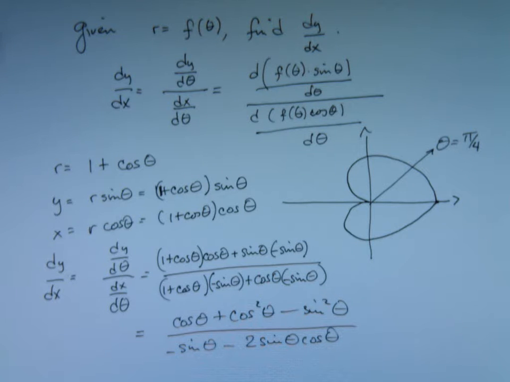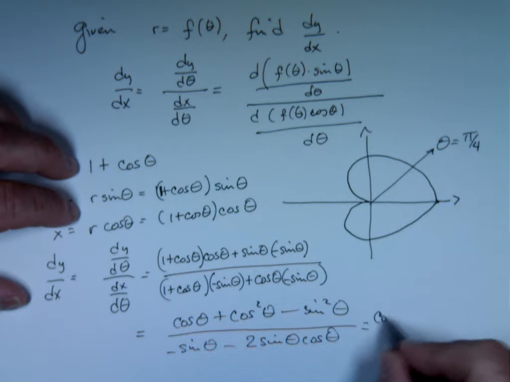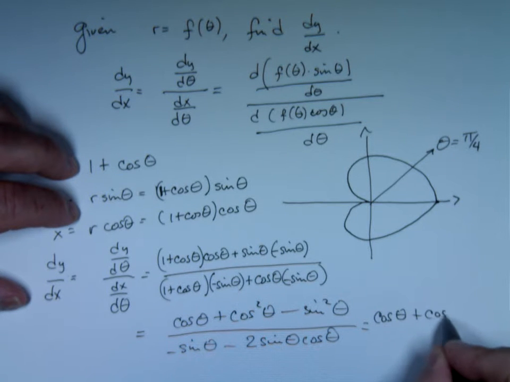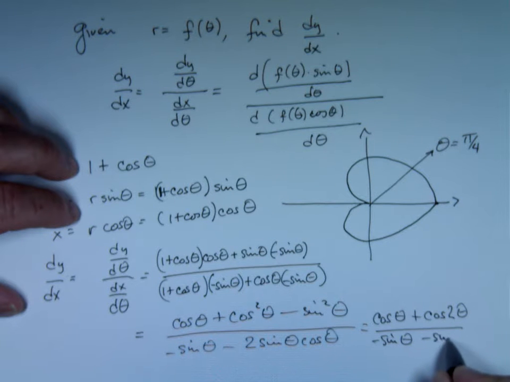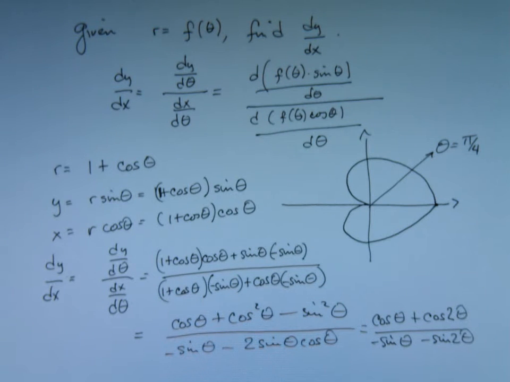Some of these look like identities. Cosine squared minus sine squared is an identity: it's cosine 2 theta, a double angle identity. And the 2 sine cosine is another double angle identity: it's sine 2 theta. We could rewrite it that way. I'm not sure how much we're gaining, but let's do it. Cosine 2 theta. Down here we got the opposite of sine theta minus sine 2 theta.